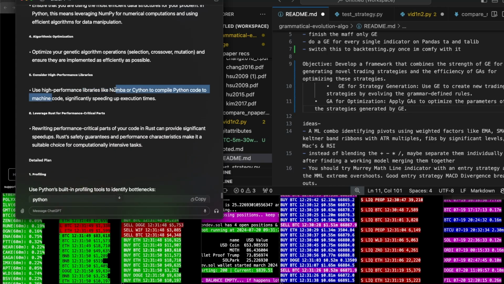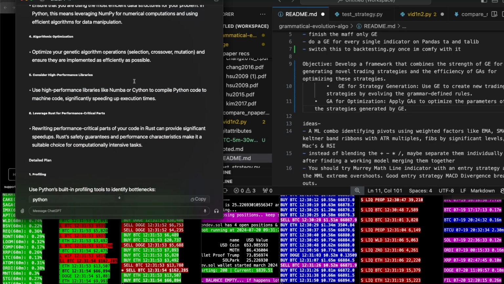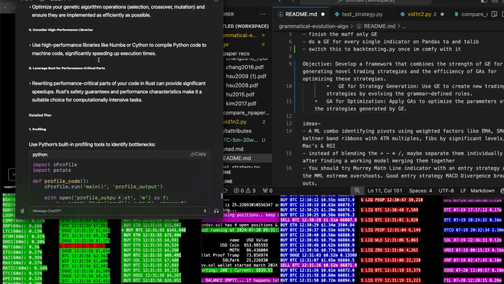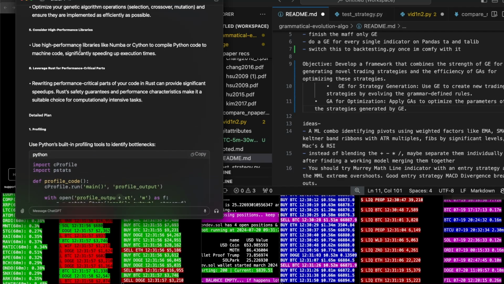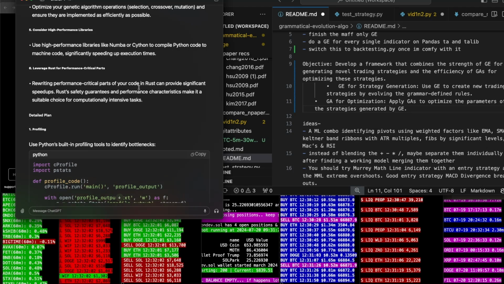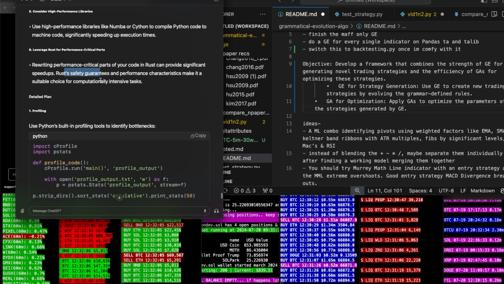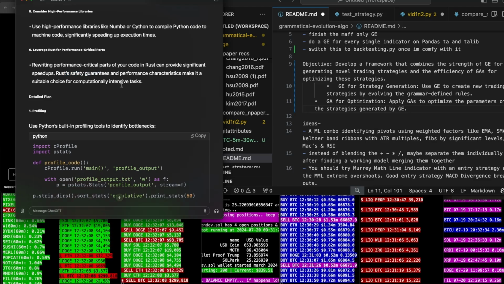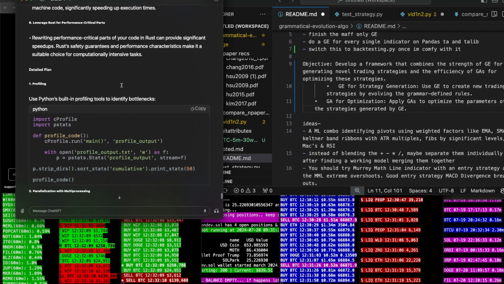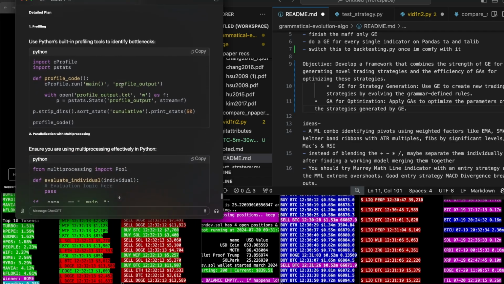Use high-performance libraries like Numba or Cython to compile Python code to machine code, significantly speeding up execution times. Rewriting performance-critical parts of your code in Rust can provide significant speedups. Rust's safety guarantees and performance characteristics make it a suitable choice for computationally intensive tasks.